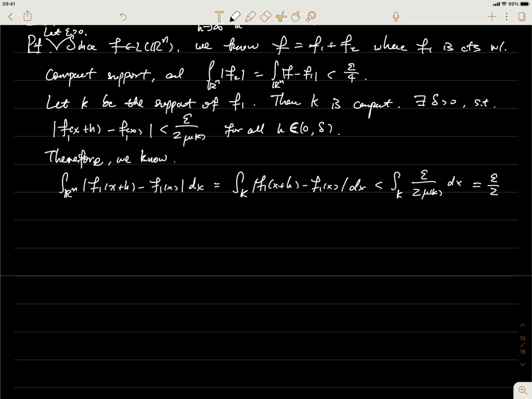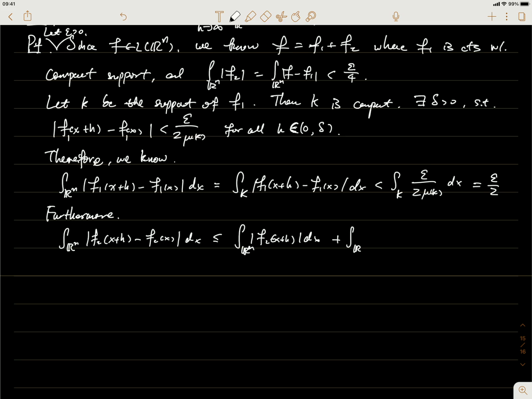And how about for f2? We know the integral of f2(x+h) minus f2(x) is defined on the entire Rn, so I can show that it is bounded, just using the triangle inequality, by the integral of f2(x+h) dx plus the integral of f2(x) dx.